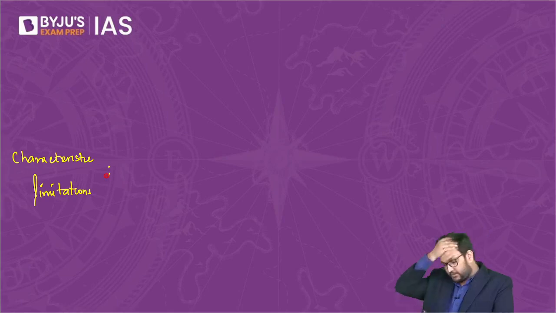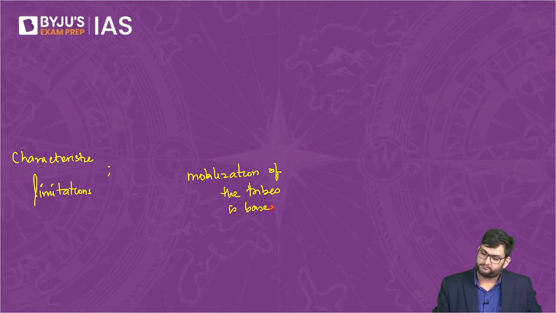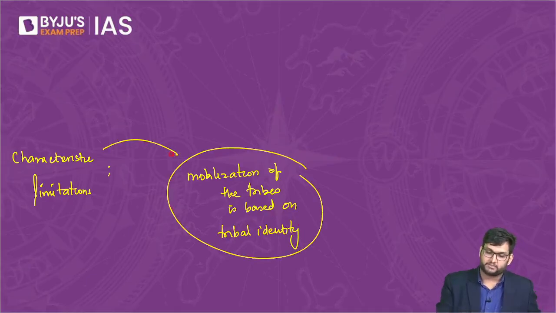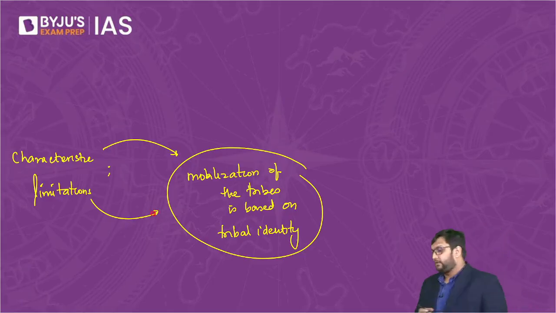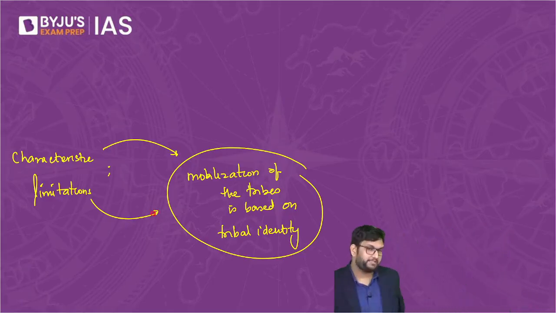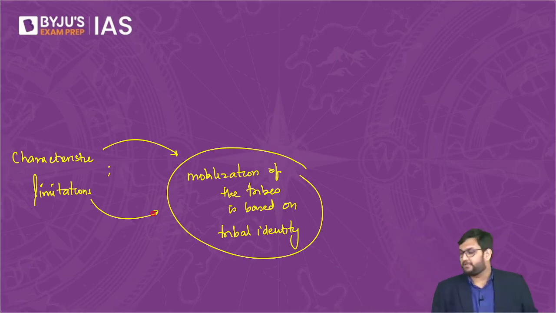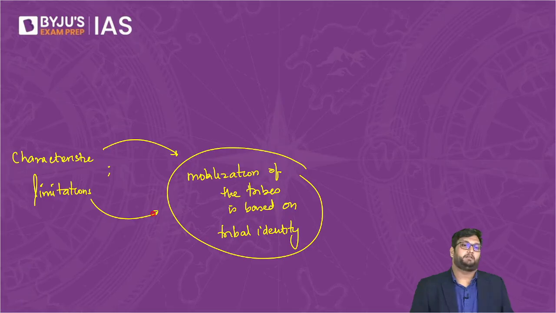You will see. The first is that the mobilization of the tribes is based on tribal identity. Now, though it is a characteristic, it is also a limitation. Why? Because though the Santhals will fight under the banner of the Santhal, they will never come together with the other tribe.